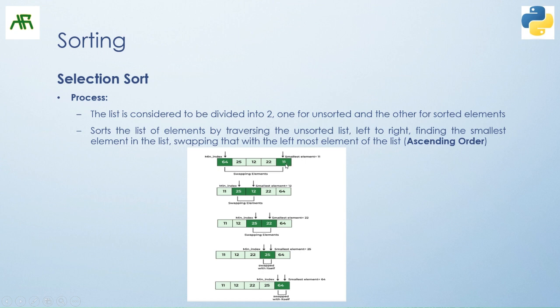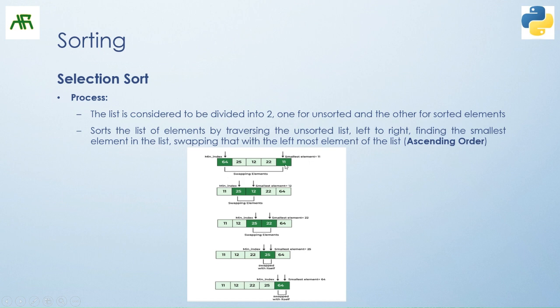So it basically swaps these two. It's not shifting or moving across. It just swaps the positions and places 11, which happens to be the smallest across all the elements, in the leftmost position.